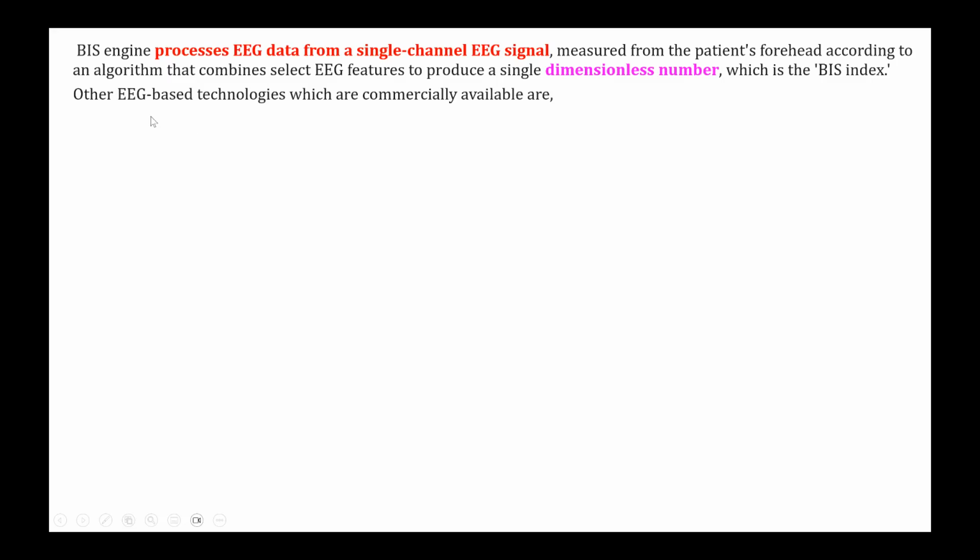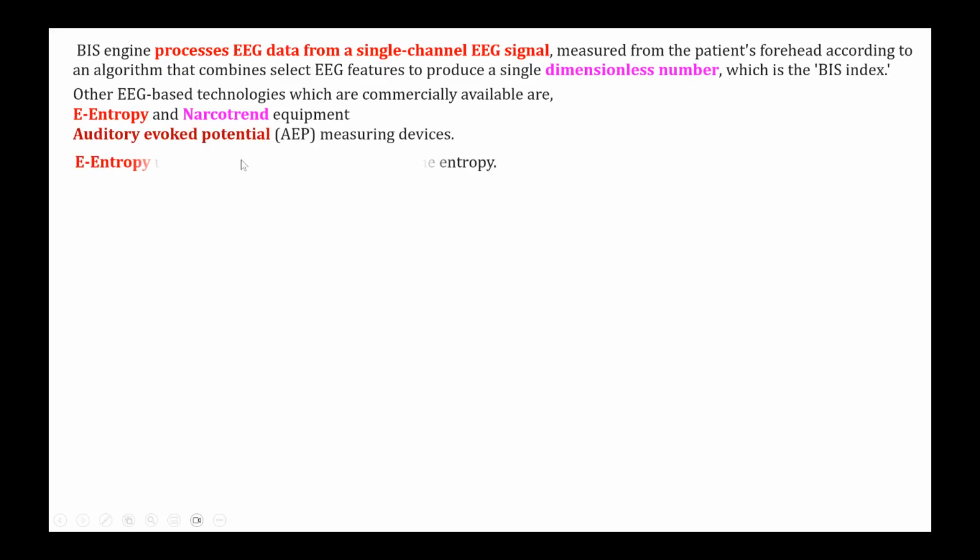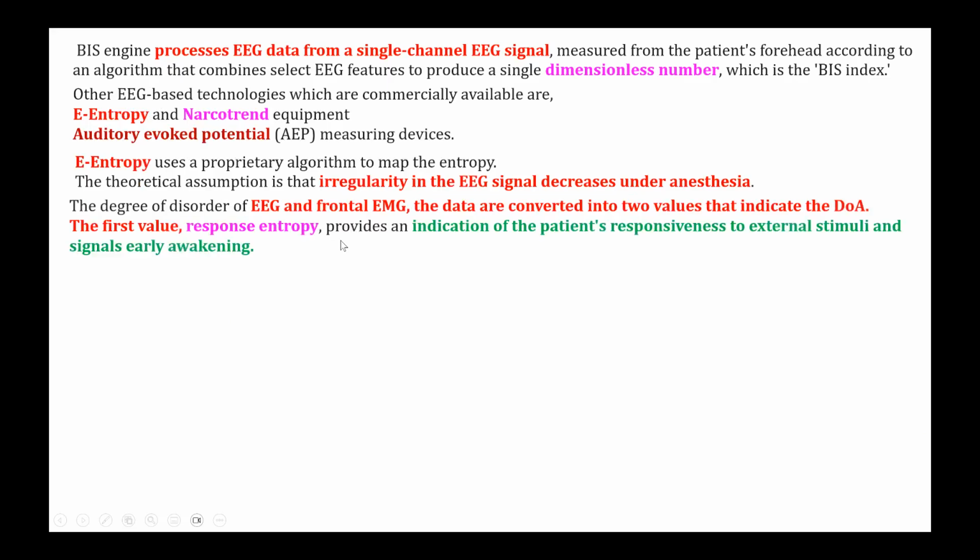And other monitors which work on the EEG principle are entropy and Narco Trend, and also auditory evoked potential. Entropy, as we said, also records the frontal EMG value apart from the EEG, and the data is converted into 2 values that indicate the depth of anesthesia. One is the response entropy, which indicates the patient's responsiveness to external stimuli, and signals early awakening during recovery also.